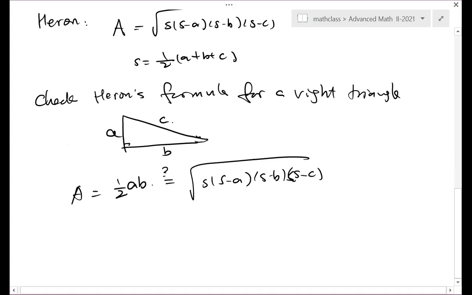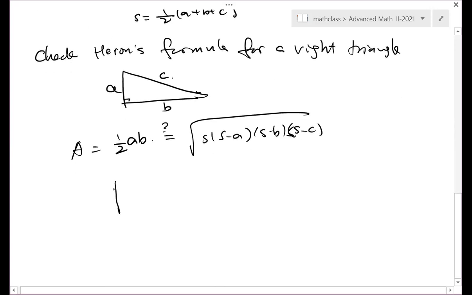Can you see that? Probably not. A plus B plus C, and S is half of that. So let's take a look at a specific one.